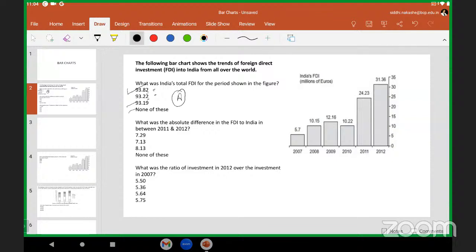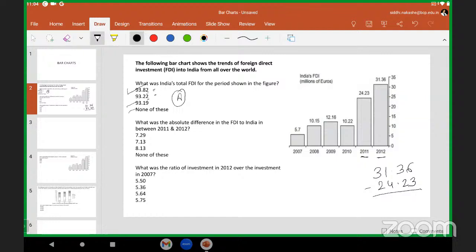So next question: what was the absolute difference in the FDI to India between 2011 and 2012? So we need to find the absolute difference. So that is 13.136 minus 24.23. We have to find the absolute difference, that means the greater value minus the lower value.